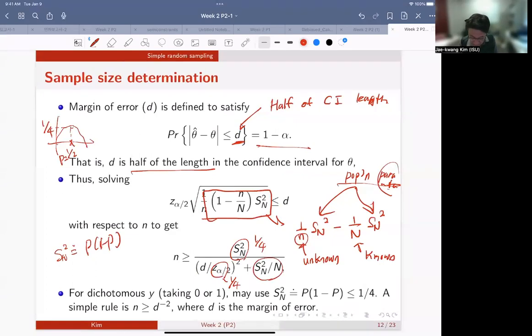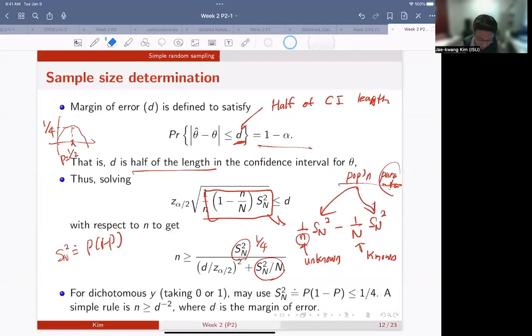This guy is 2. For the capital, this is actually 1.96, right? But it's about 2. So then 1 over 4, and this is a 4, so that we can get some cancellation and have a very nice inequality.